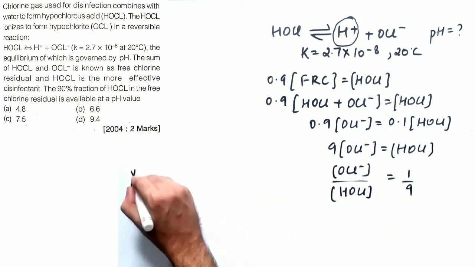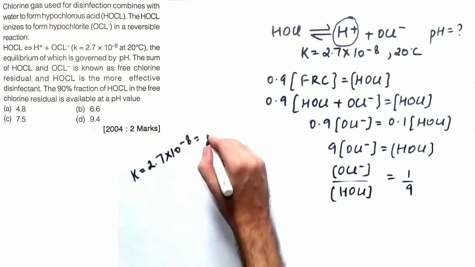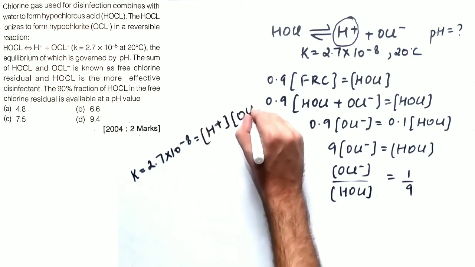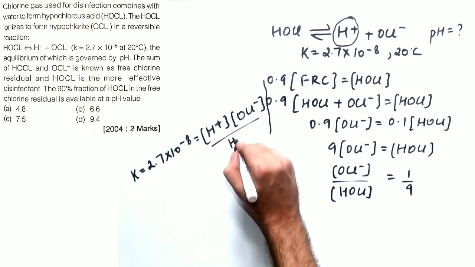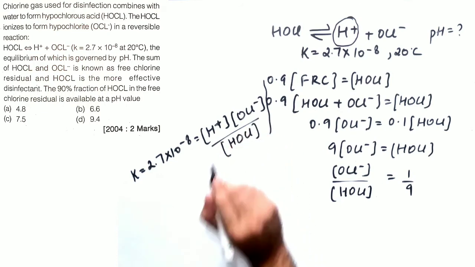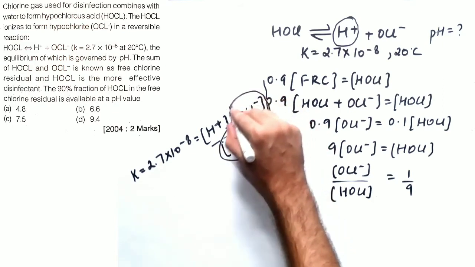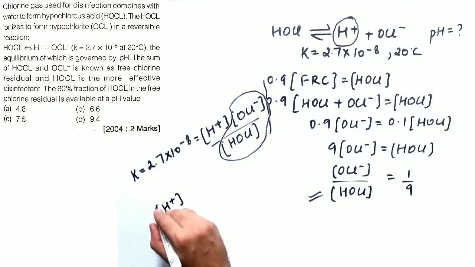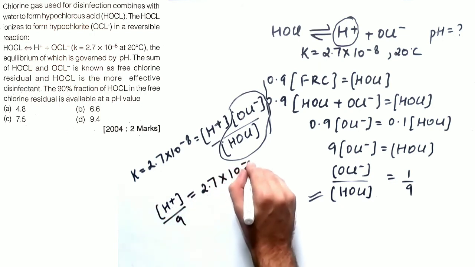See how? K is equal to 2.7 into 10 to the power minus 8, and this is equal to H positive times OCl negative divided by HOCl. I explained how this came in the first numerical only. So from this, the ratio of OCl to HOCl is what we have calculated here. So H positive divided by 9 will be equal to 2.7 into 10 to the power minus 8.